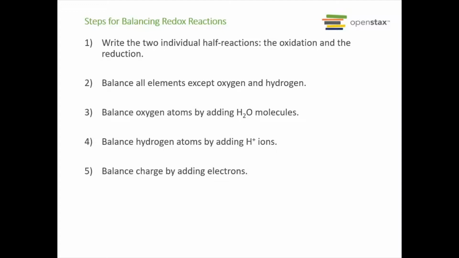The next step is to balance the oxygen atoms by adding water molecules. So as many oxygen as you need to balance, you add that many waters. Then you balance hydrogen by adding H+ ions. Then you need to charge balance. Make sure you have the same overall charge on both sides of the reaction by adding electrons.